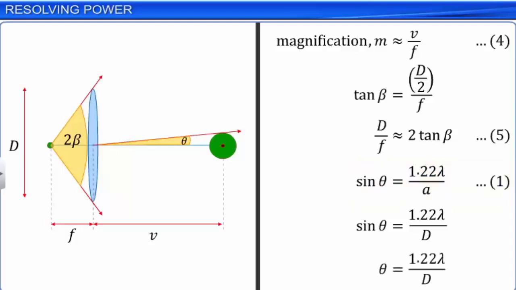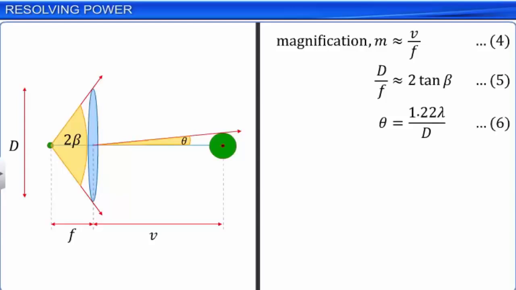Let this be equation 6. Since the image is formed at a distance of v from the lens, the radius of the central bright disk r is equal to v theta. Substituting the value of theta from equation 6, we get r is equal to v into 1.22 lambda by d. Let this be equation 7.